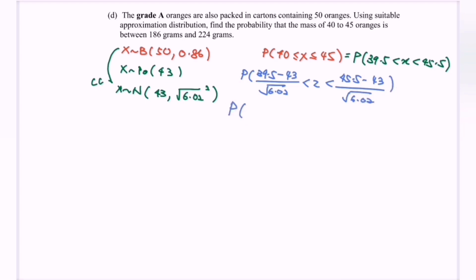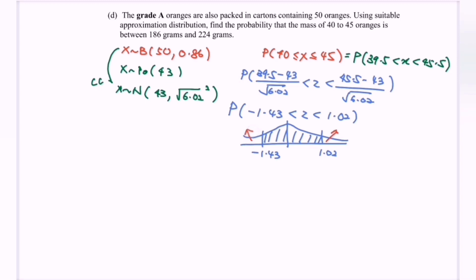So probability that Z is between negative 1.43 and 1.02. Refer to the diagram. So we have 1.43, 1.02, shade the region. So rewrite the formula to eliminate this part and also this part. 1 minus probability that Z greater than 1.43 minus probability that Z greater than 1.02.